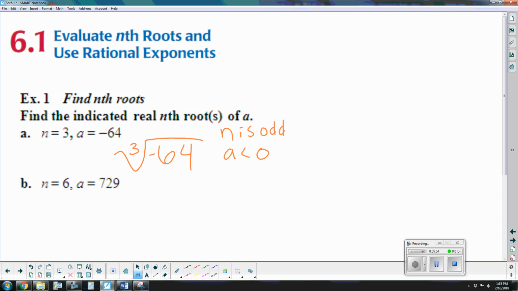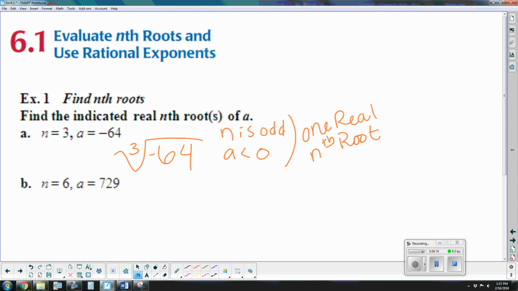So we know that we're going to have one real nth root. And so we're looking for some number times itself 3 times to equal negative 64.